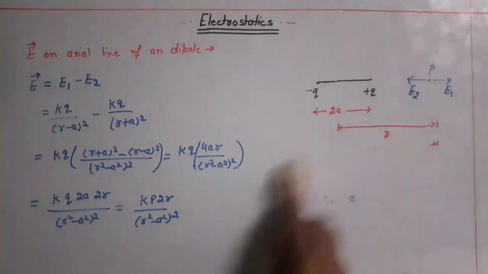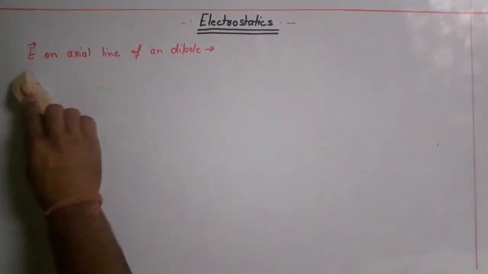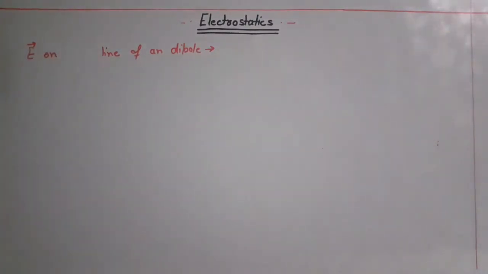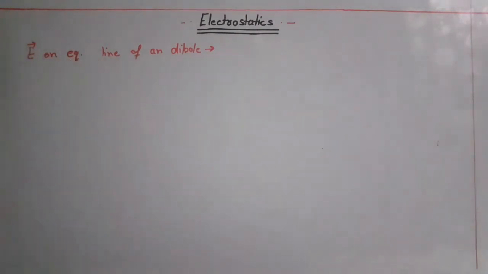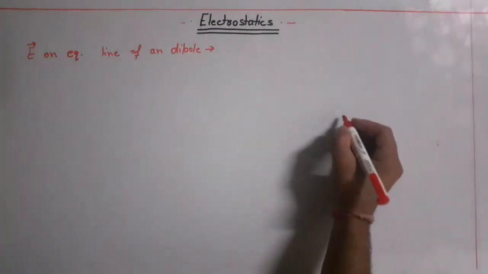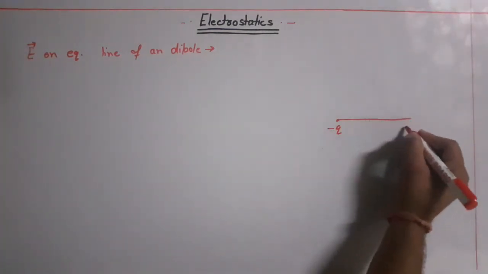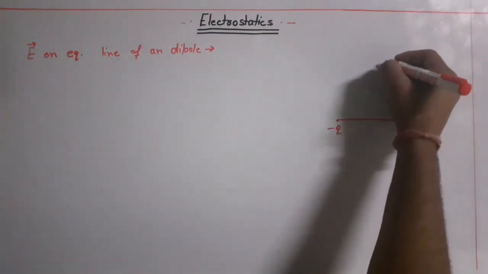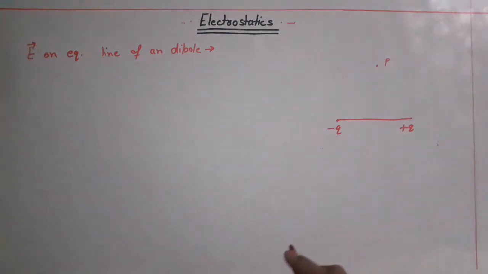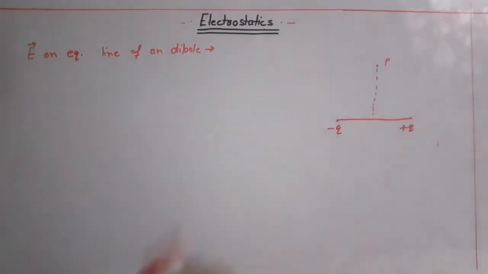Our next topic is electric field on the equatorial line of a dipole. So let's draw our dipole. This is minus q and this is plus q, and we want to find the field at this point P. This point P is on the equatorial line of this dipole.